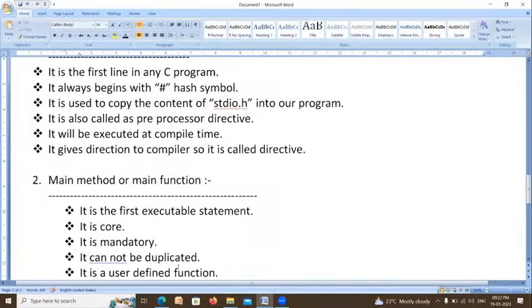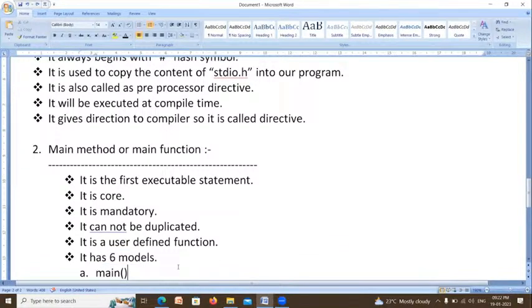You can write the main method only one time, it is not possible to duplicate. You need to write the code for the main method, so it is a user defined function.